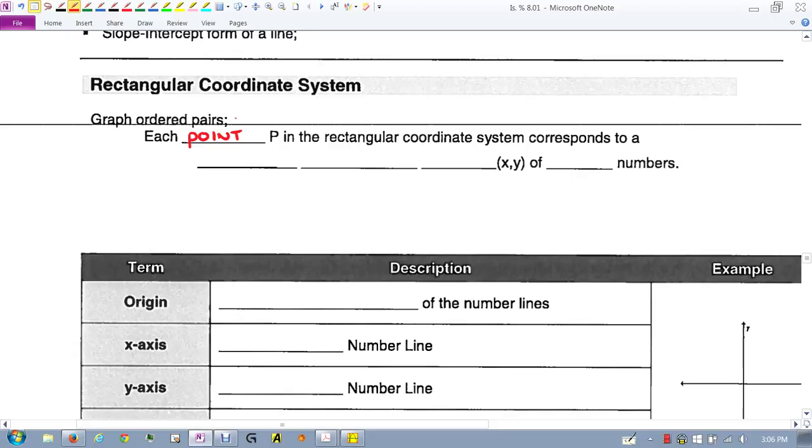What do you think? A blank, blank, blank, x, y of blank numbers. Forget the blanks. Tell me about a point. When you're given a point, what does it correspond to?